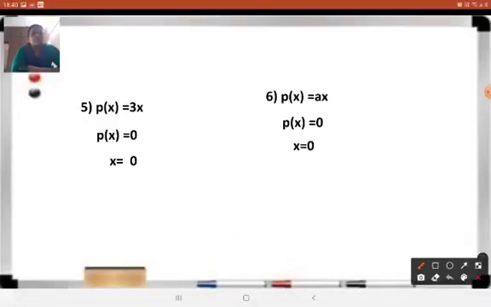So we will consider p of x as 0. That means ax is equal to 0. So what will x become? 0 upon a, so x will become 0. Is it correct? You can solve it by these two steps and find the x value. So that means 0 is nothing but a 0 of the polynomial.